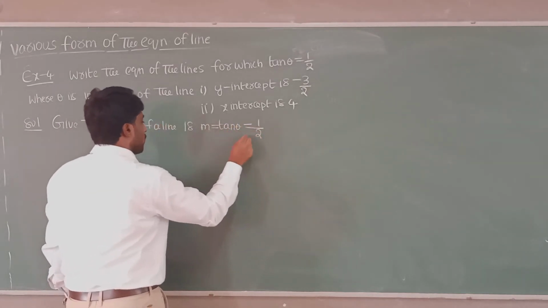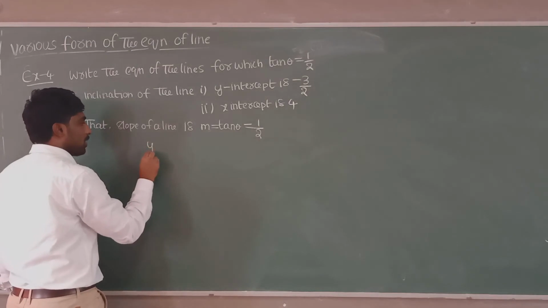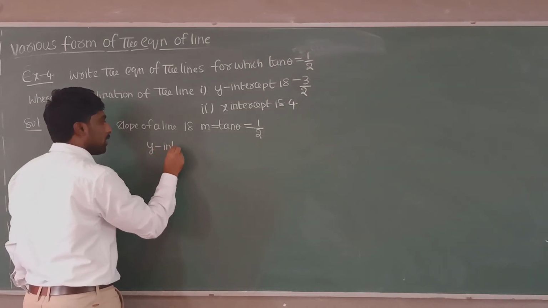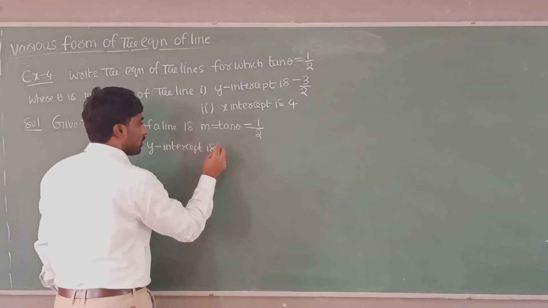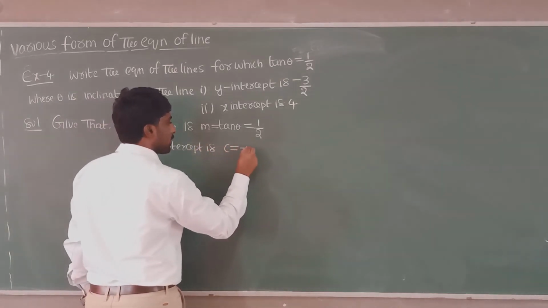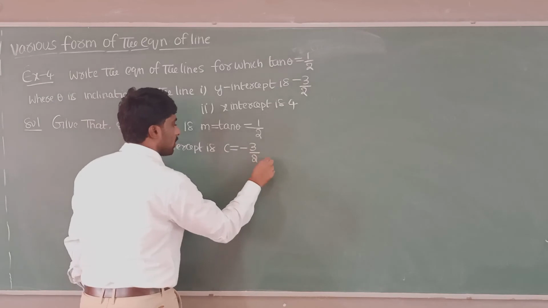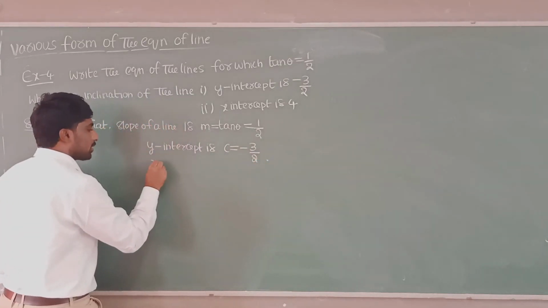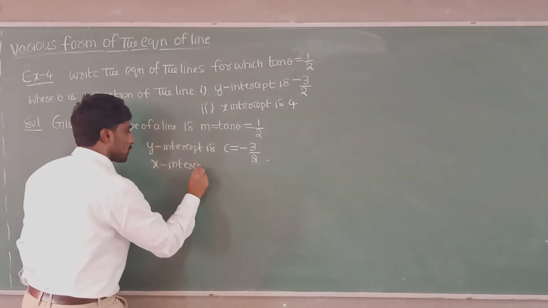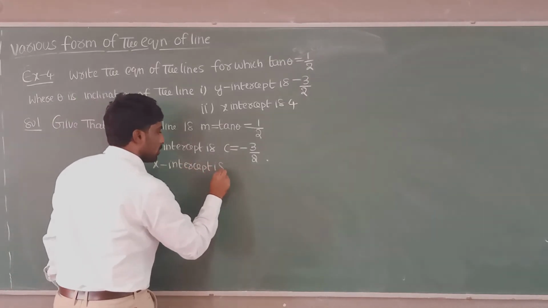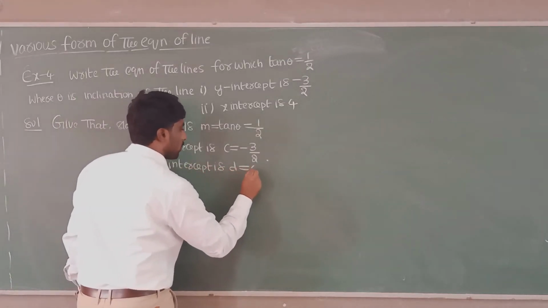Now the y-intercept is c equals minus 3 by 2. Now the x-intercept is b equals 4.